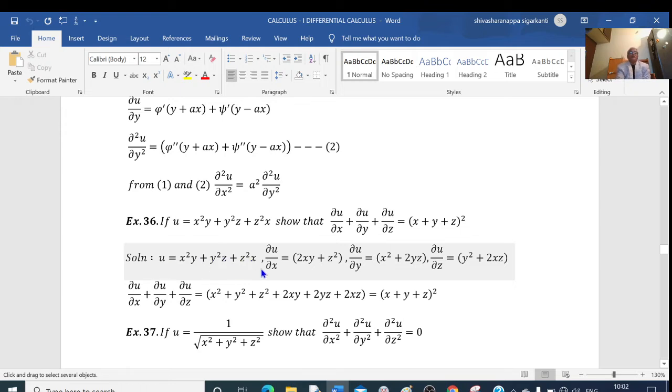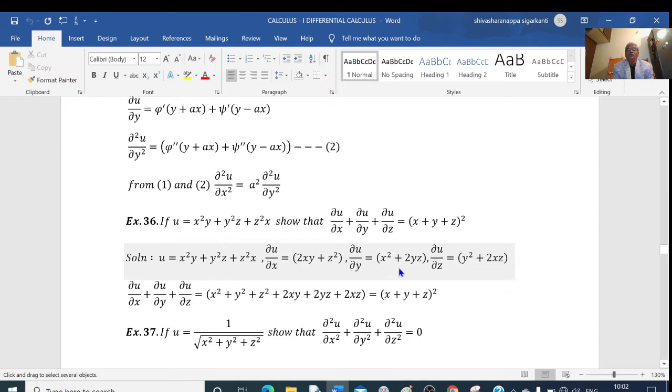Differentiating this with respect to x, derivative of this with respect to x is 2xy, derivative of this is 0, derivative of this is z², that is 2xy plus z². And differentiating with respect to y, we get x² plus 2yz, and derivative of this is 0.